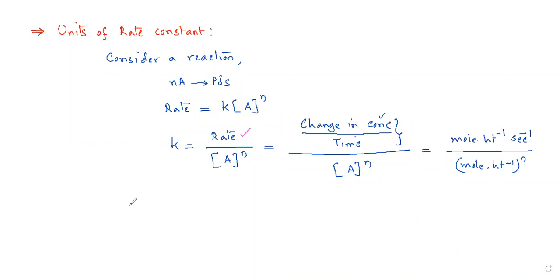Now the final expression for the units of K can be given as liter to the power n minus 1 mole to the power 1 minus n per second, where n is the order of the reaction.